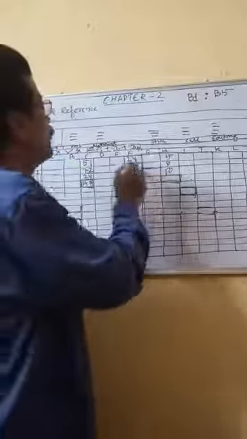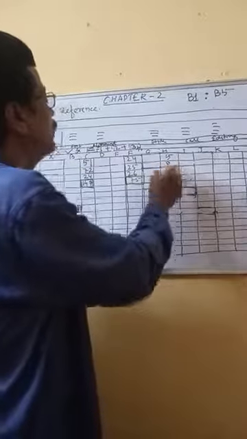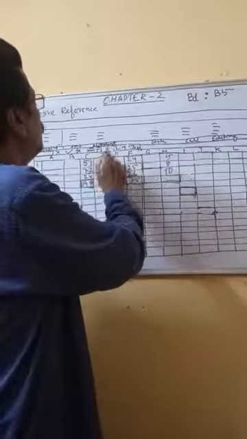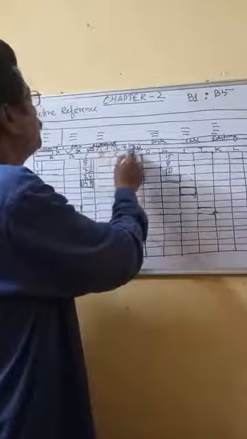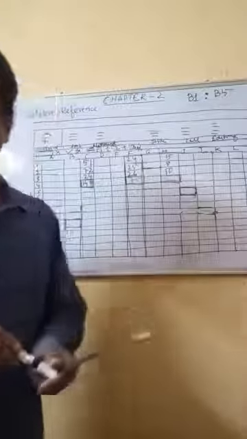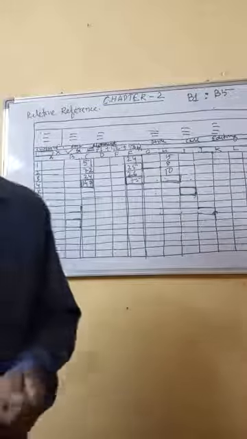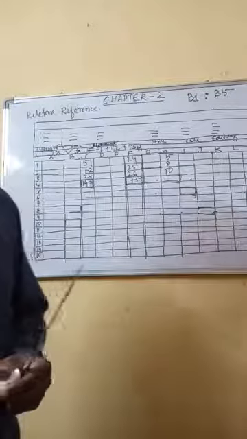When you press the paste option, automatically the total of these 3 values will come here, but the operator will remain the same. This F1, F2, F3 will be changed to H1, H2, H3. So this is called what? Relative reference. Then the next thing is absolute reference.